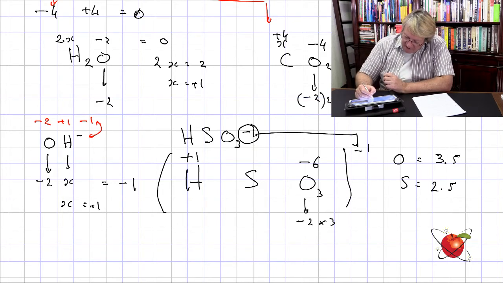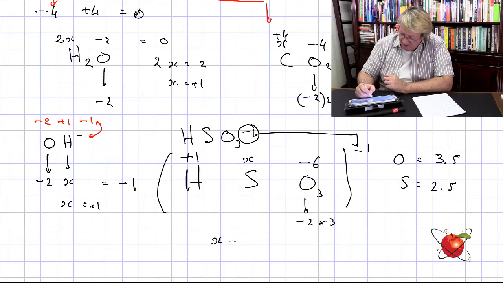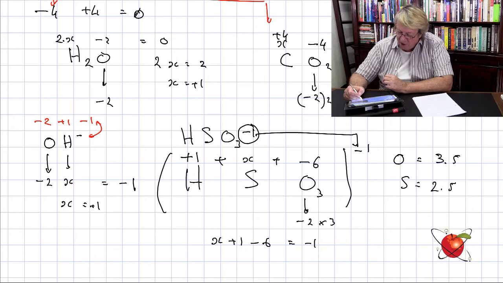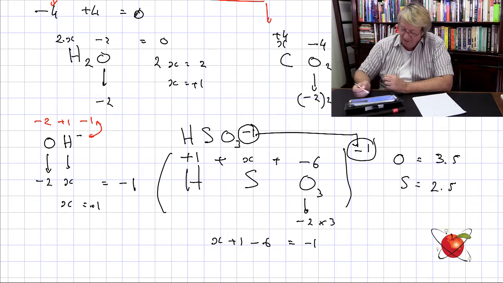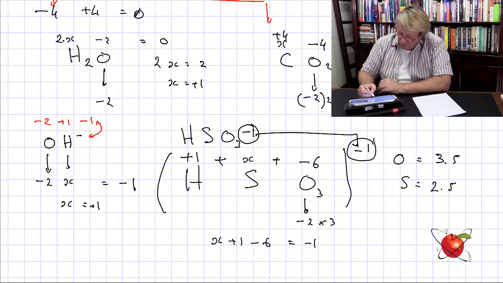So if we do it mathematically, we can say that x +1 -6, can you see I've just basically added that, must be equal to -1, which is the charge on the ion itself. So what do I get? We say that x is going to be equal to 6 +1 goes across -1.